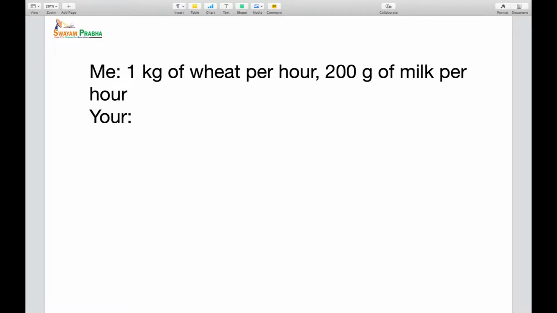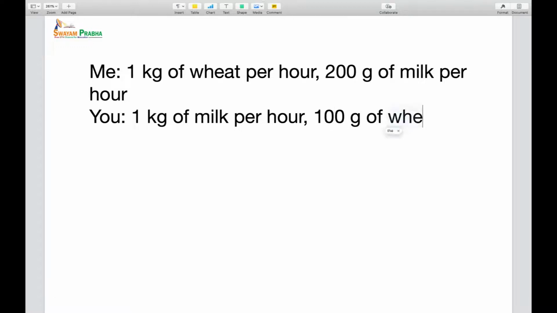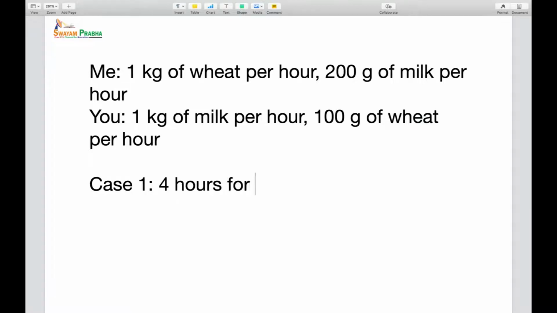For you, the productivity is 1 kg of milk per hour and 100 grams of wheat per hour. Now, suppose in the first case, case 1, both of us are devoting 4 hours for wheat and 4 hours for milk.